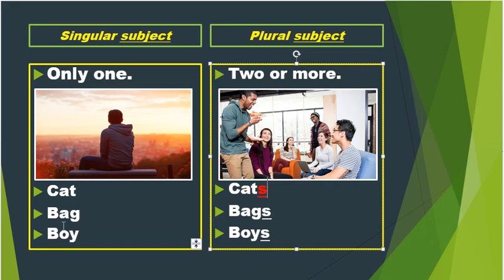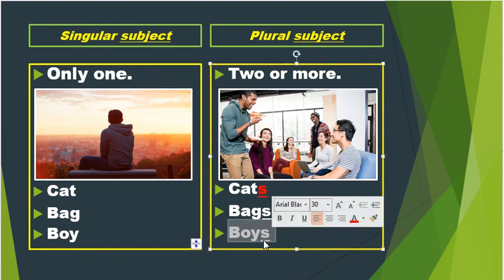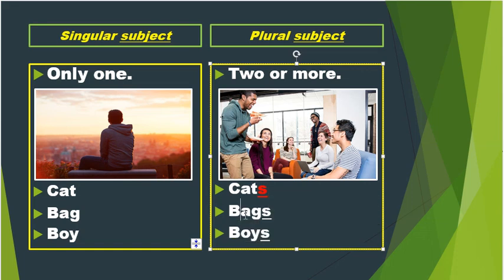Here it doesn't have an s, but here it has an s. Here boy, and for the plural, boys. With s, because this is plural, so maybe this is 3 boys, 4 boys, 2 boys. Maybe the bags here are 2, 3, 4, 5, or the cats here are 2, 3, 4, or 100 cats. That is the meaning of singular and plural subject.